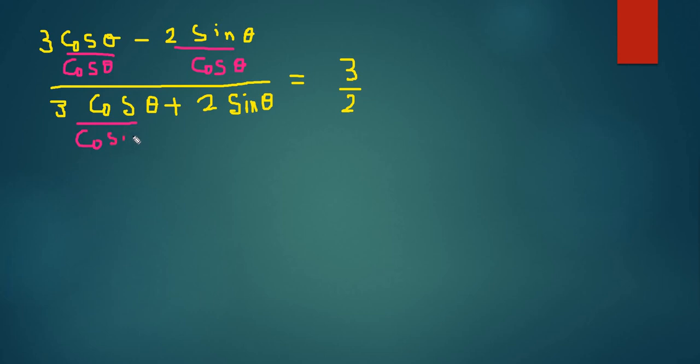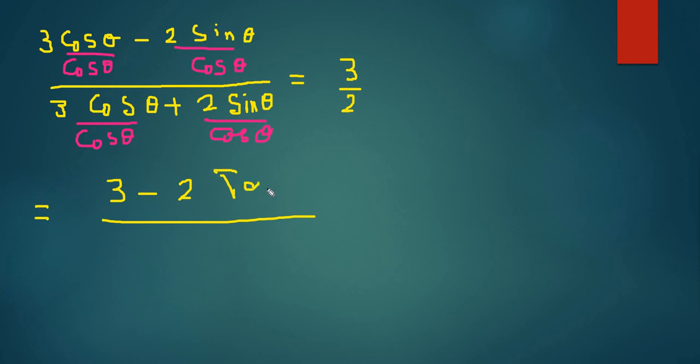The numerator gives me 3 minus 2 tan theta, and the denominator 3 plus 2 tan theta, equals 3 over 2.